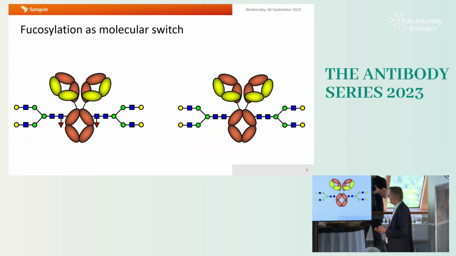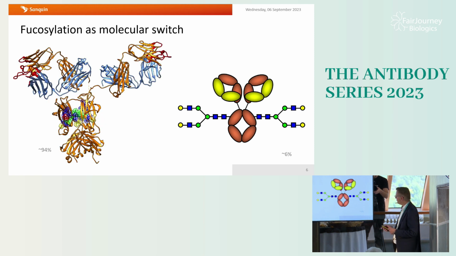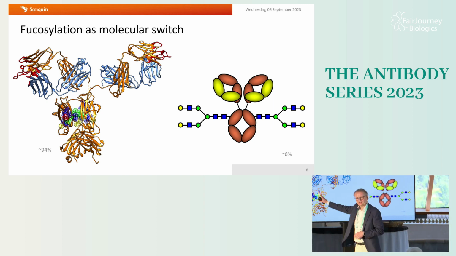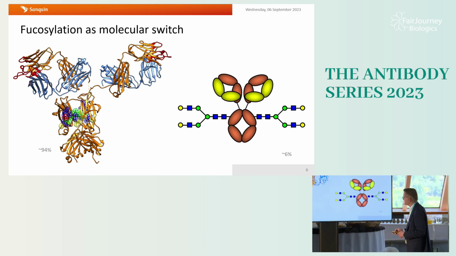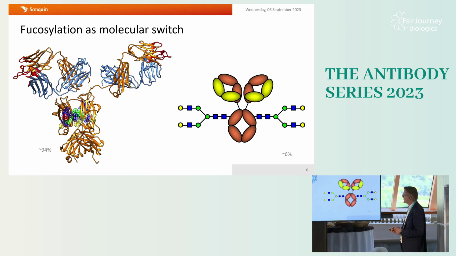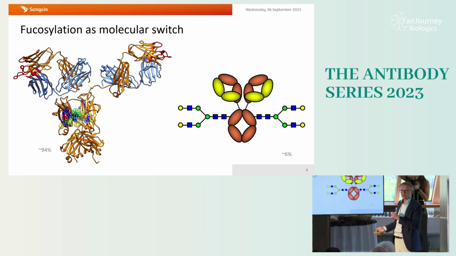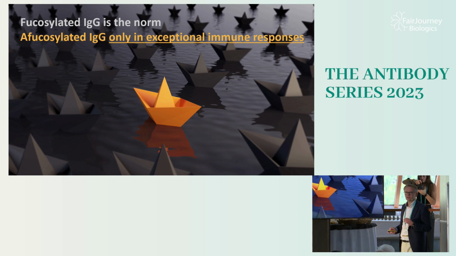So basically it's not there, so why would that be relevant for our human immunity? Well, first of all, this fucose is not on the outside, it's on the inside. It's a really confined space that is not easily accessible. But I would like to draw attention to the fact that even though it's only a very small minor fraction of the total in blood, it really matters in what context you're looking.